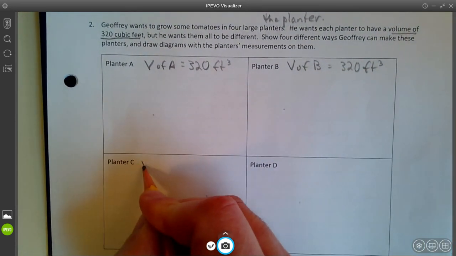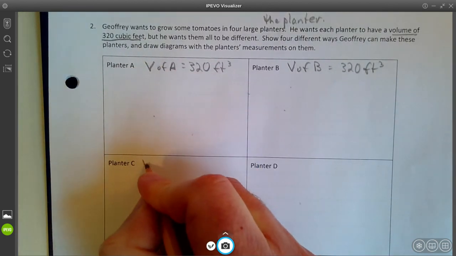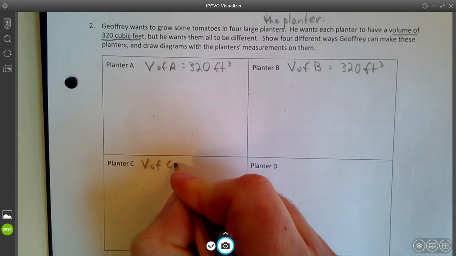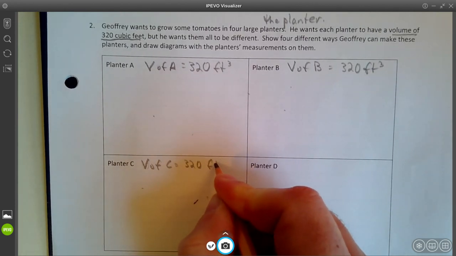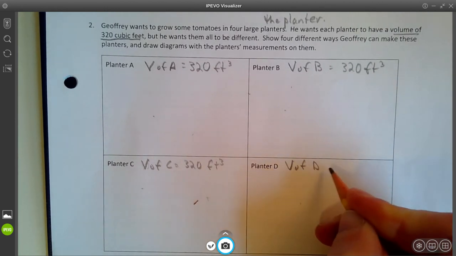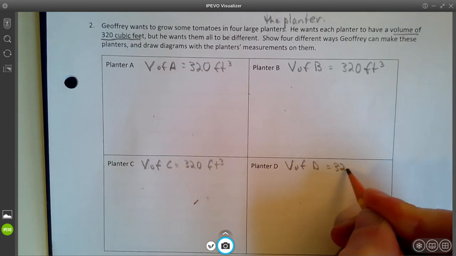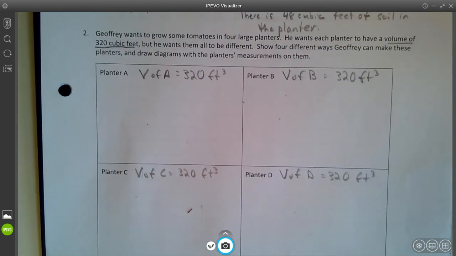C equals 320 cubic feet. D also 320 cubic feet. And what are the dimensions going to be? What are the measurements that will make it 320 cubic feet?